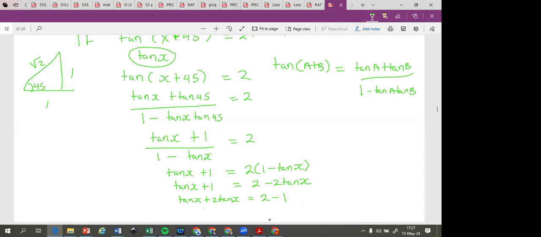So tan x plus 2 tan x, what do we get? 3 tan x is equal to 1. To get tan x, you divide by 3. So tan x is equal to 1 out of 3. That is what they wanted: to find the value of tan x. Are we together?